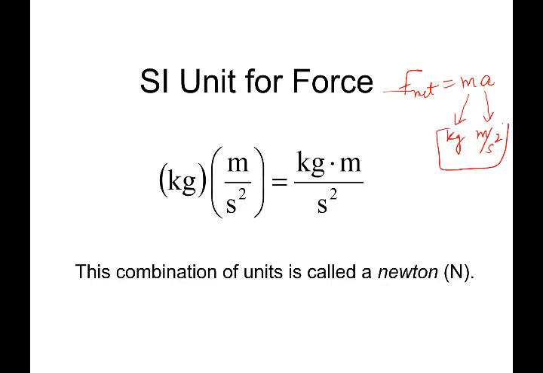Kg meter per second square itself was written as Newton, N, after honoring the scientist who gave us Newton's law. So Newton is actually a combination of kg meter per second square. This is the SI unit of force.